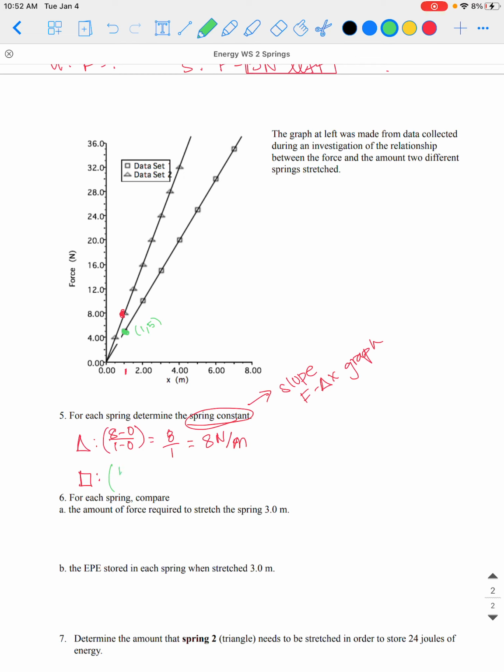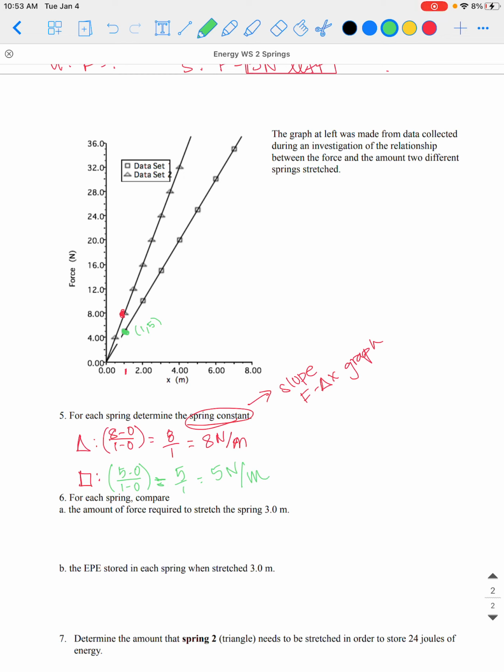So I get 5 minus 0, y2 minus y1 over 1 minus 0, x2 minus x1. You could also do rise over run, which is, I think, easier. I get 5 over 1, which is 5 newtons per meter. So that's my spring constant for the triangle and for the rectangle.